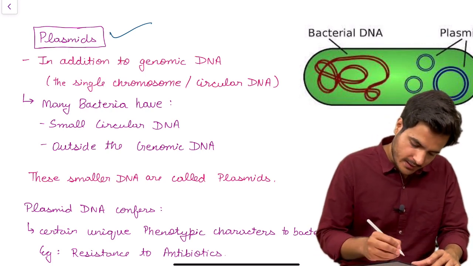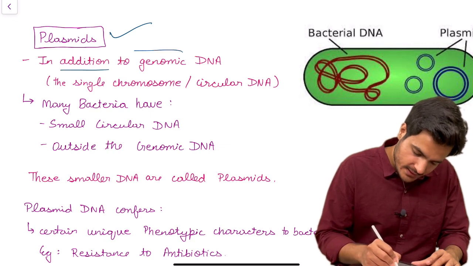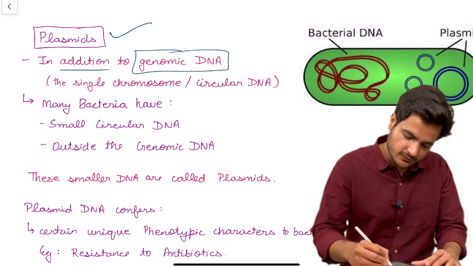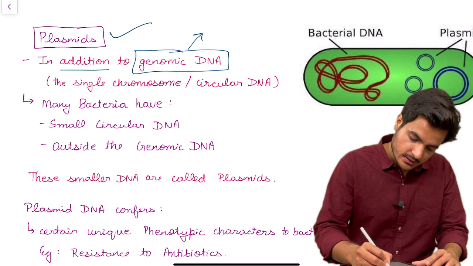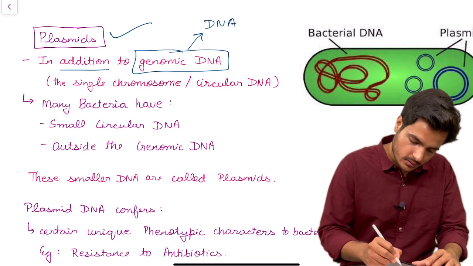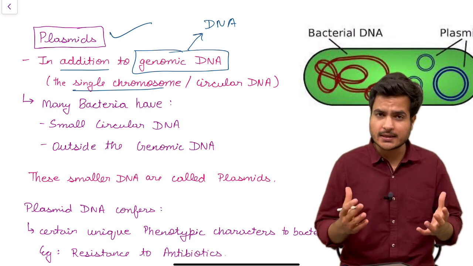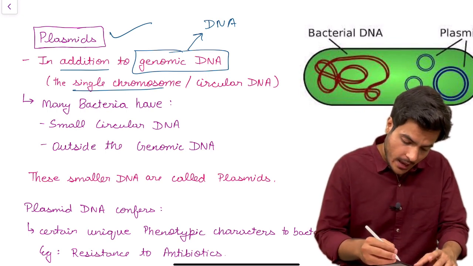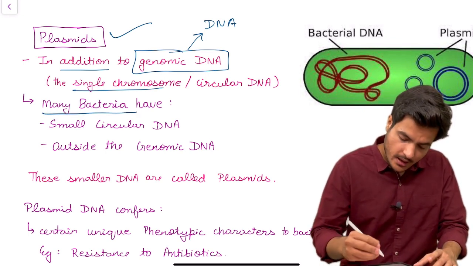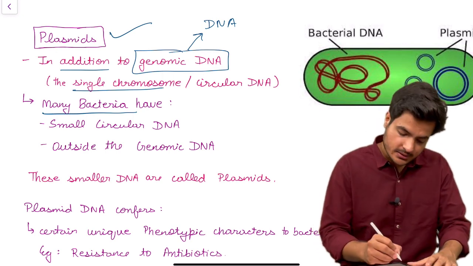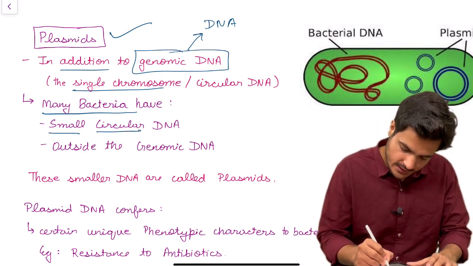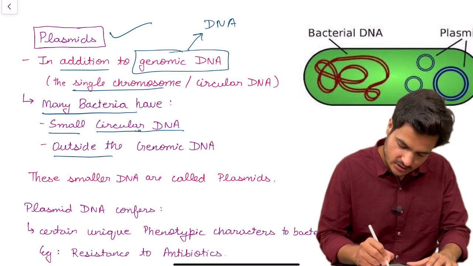In bacteria, the single chromosome is called the genomic DNA, and many bacteria have plasmids, which are small circular DNA present outside the genomic DNA.